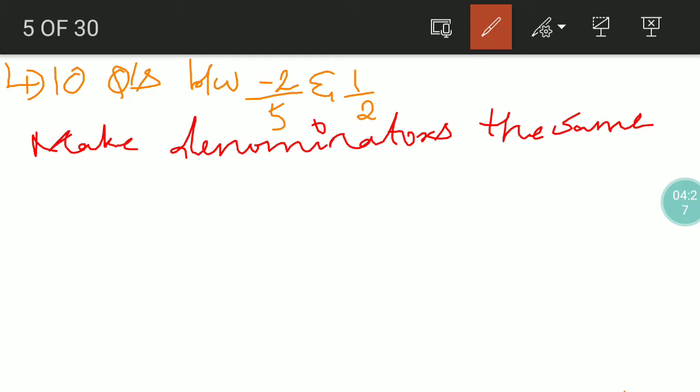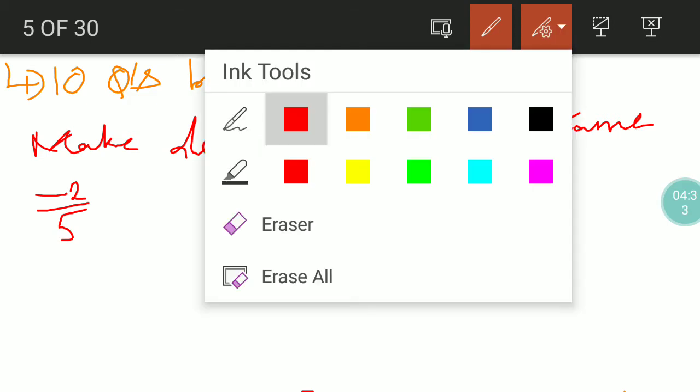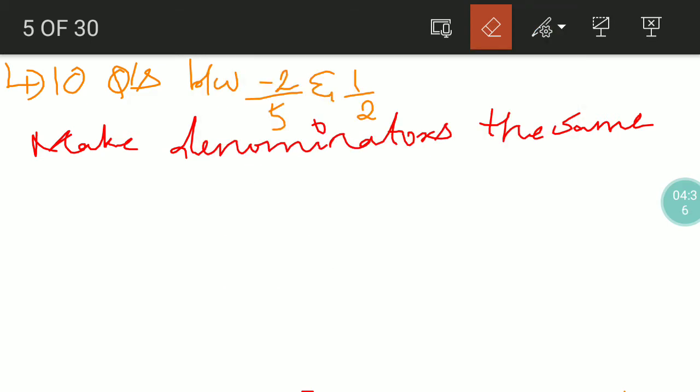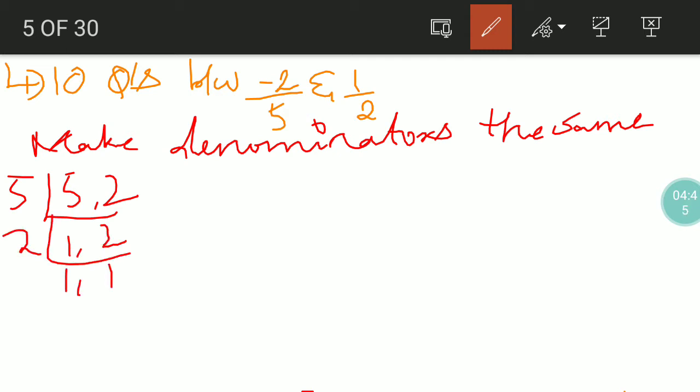So the numbers are minus 2 by 5 and 1 by 2, right? For that we need to find the LCM. So how to find the LCM of 5 and 2? 5 ones are 5, and 2 ones are 2. So 5 twos are 10. So 10 is the LCM.